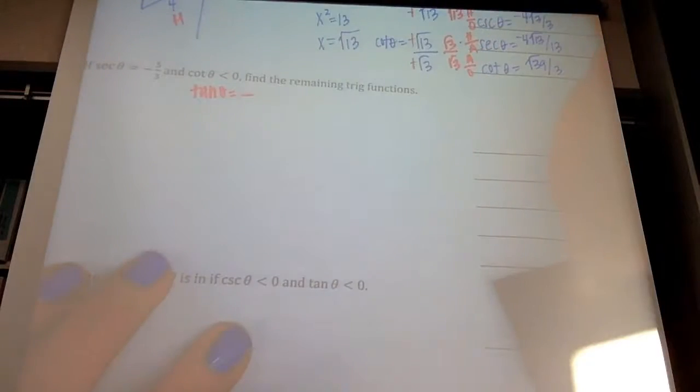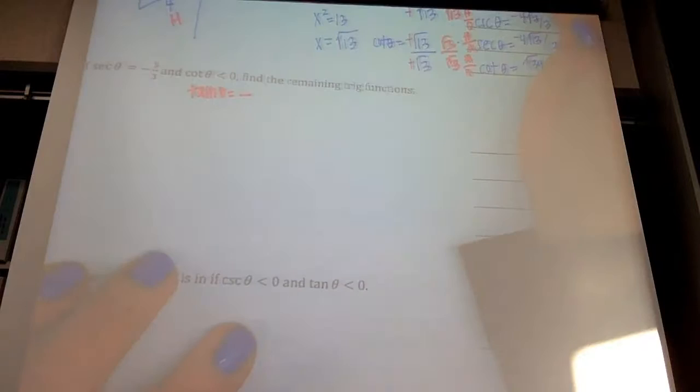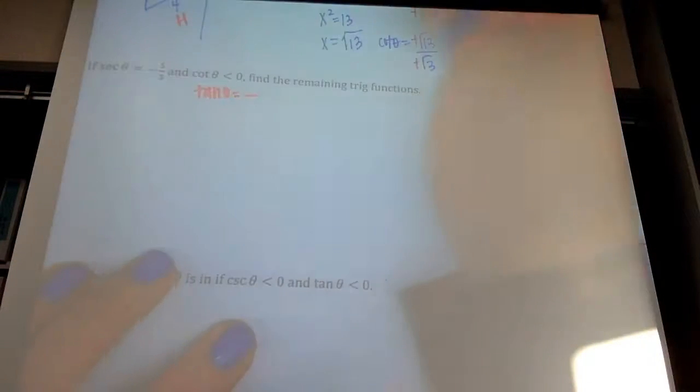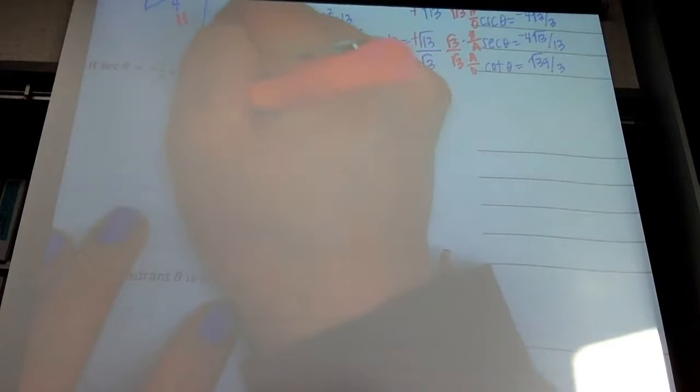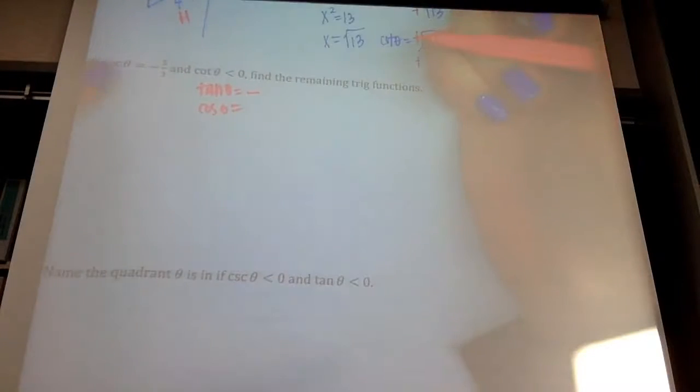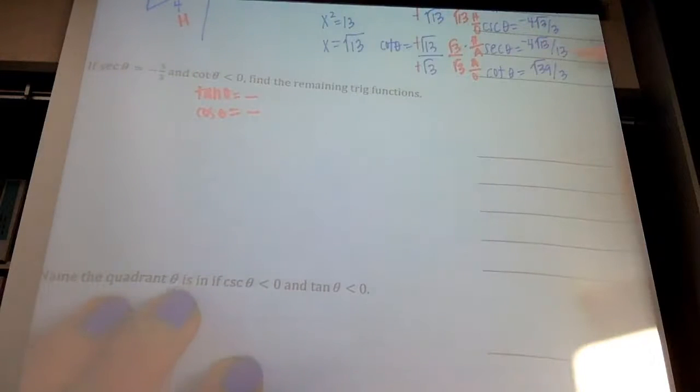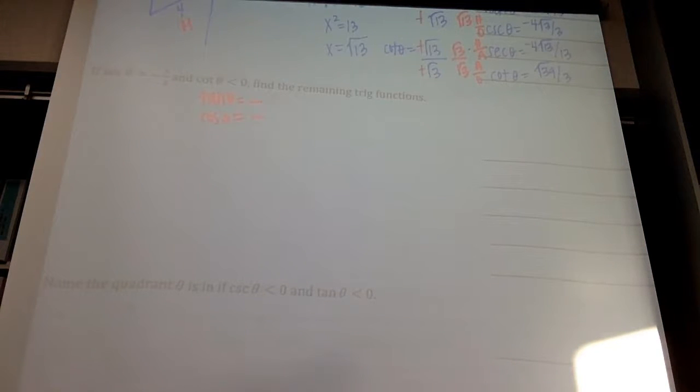First, it's telling us cotangent, or tangent, doesn't matter, is going to be negative. And then secant or cosine, because the reciprocals are going to be the same sign. Well, this is negative, so cosine is negative. So then we think, okay, what quadrant is cosine negative and tangent negative? And that's actually going to be quadrant 2.